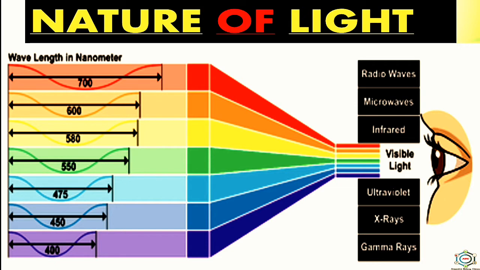So here you can see violet first, that is 430 to 470 nm, then blue 470 to 500 nm, then green 500 to 580 nm, yellow 580 to 600 nm, orange 600 to 650 nm, and red 650 to 760 nm. So this visible light can be further resolved into light of different colors, and these colors are violet, indigo, blue, green, yellow, orange and red.